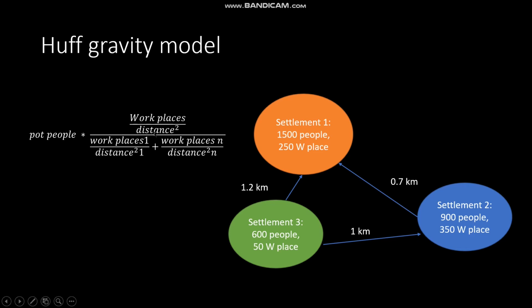The distance is from the starting point to the working place, and when we have different working places or different areas, we have to sum all those areas together, and we also have to multiply it by the potential people who will start their trip from this area.